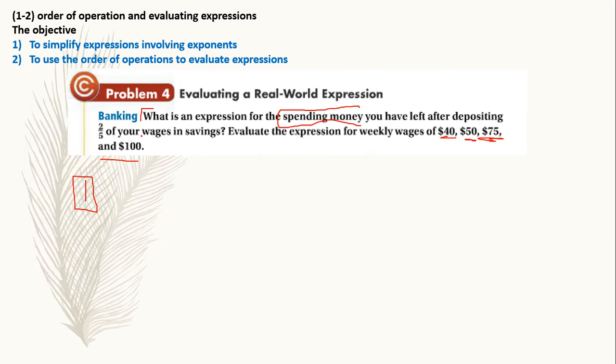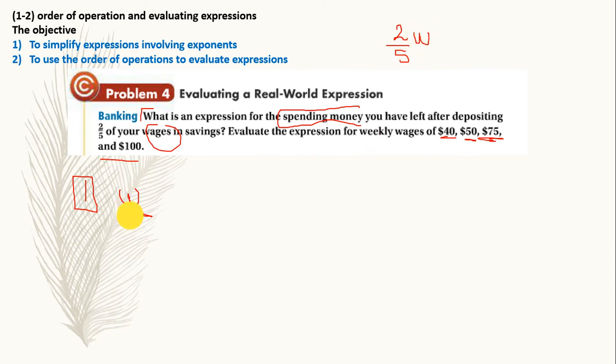Let's represent your wages by using W. Then I have to say 2/5 W.